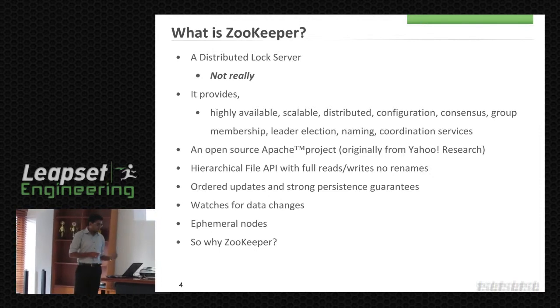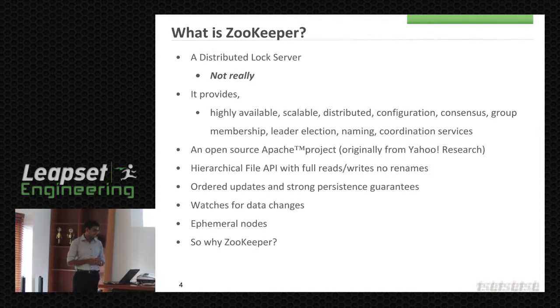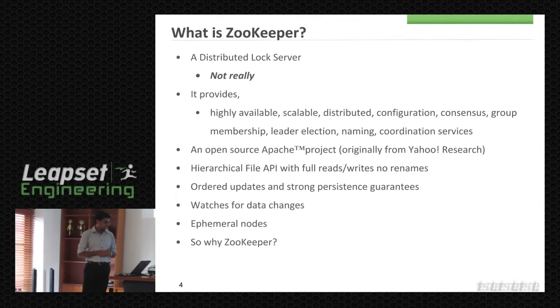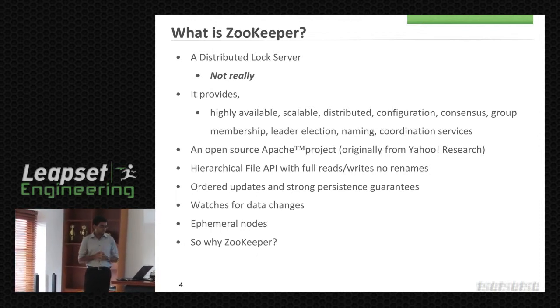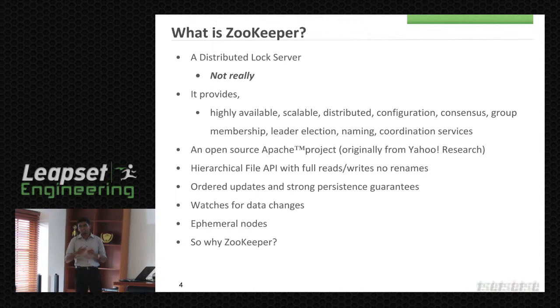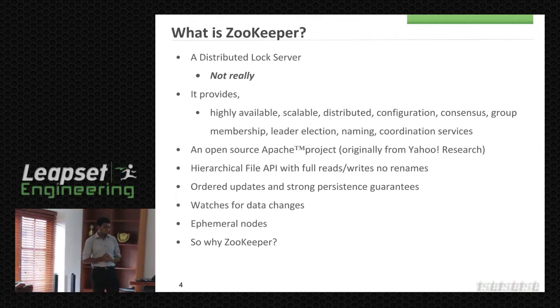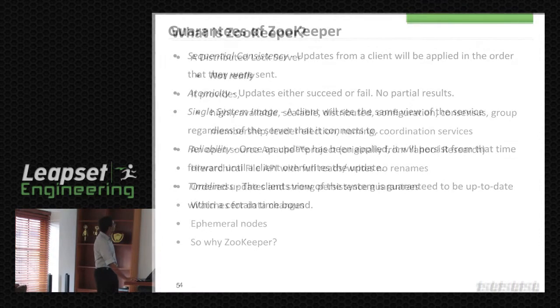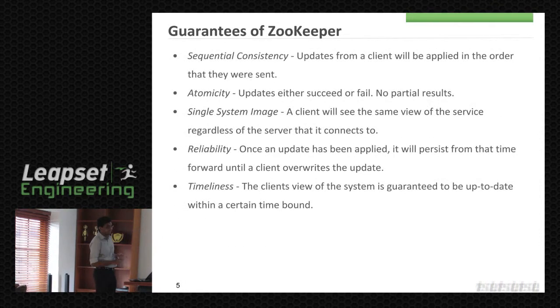And I explained why Zookeeper. In overall idea, this simplifies the process of coordination in a distributed system, but it does not eliminate all of the complexity. It's sequentially consistent, so updates from one client will be applied in the order that they were sent. It's atomic, so updates either succeed or fail.